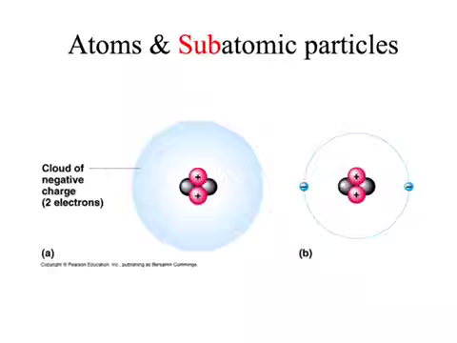Right, the ones with a positive charge are protons, and the ones with no charge, you don't see any plus sign or minus sign in there, that's a neutron. So our neutrons and our protons make up the nucleus of the atom. They also give the atom its weight, or its atomic weight, atomic mass, rather.